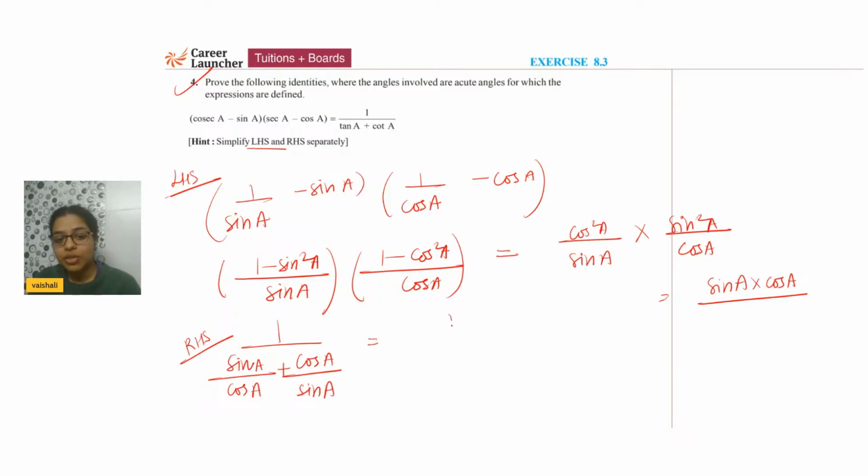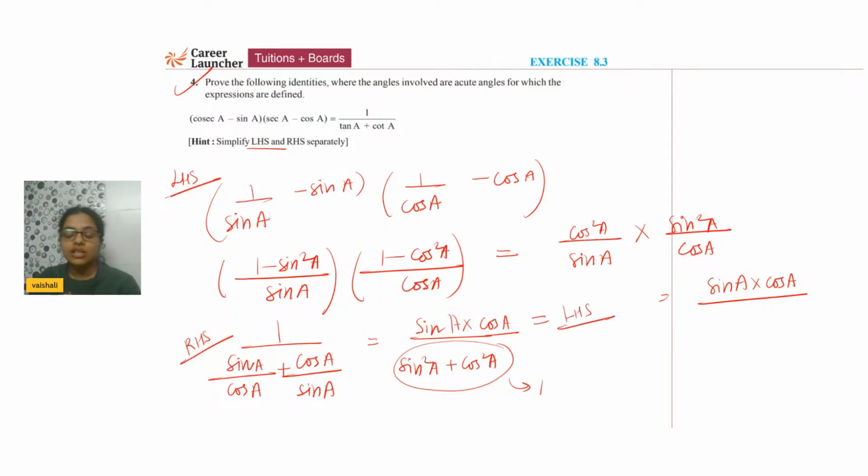Now if I am going to take the LCM, what you are going to get is sin square a plus cos square a, and जो डिनोमिनेटर का डिनोमिनेटर को न्यूमरेटर में आ जाएगा, which is sin a into cos a. Now this numerator is already equal to 1, and if you will see, this is equal to the left hand side. So left hand side is equal to the right hand side, hence these two expressions are basically equal to each other.